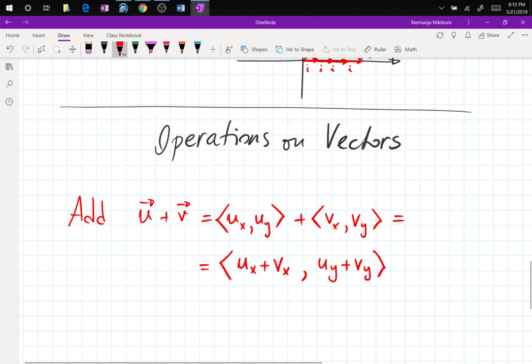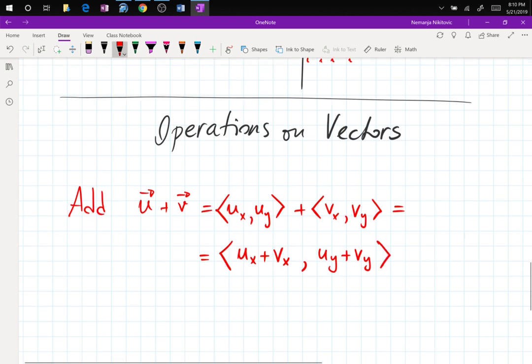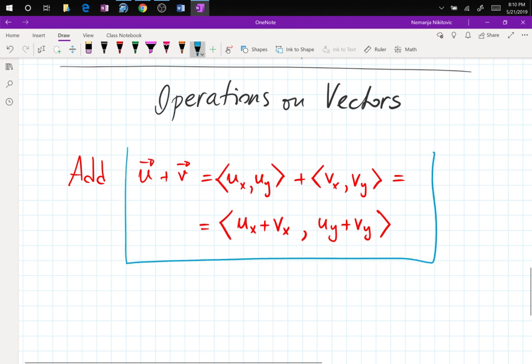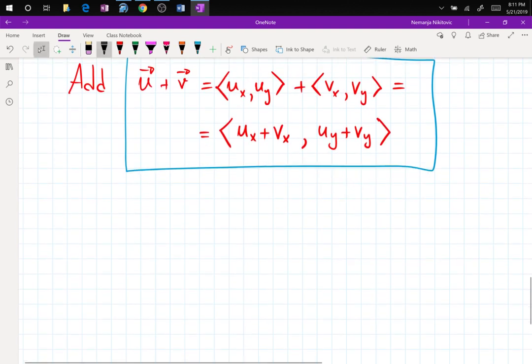So you add x components together and you add y components together. So that's the way to add vectors algebraically. Now, yes, you can do the ij form if you want, the component form. It's the same thing.